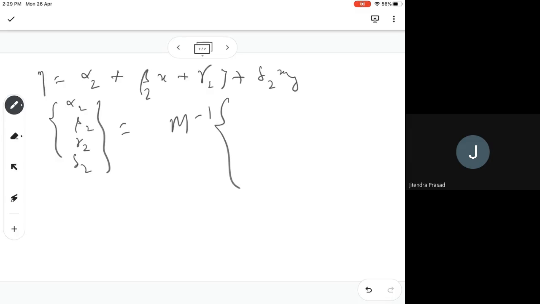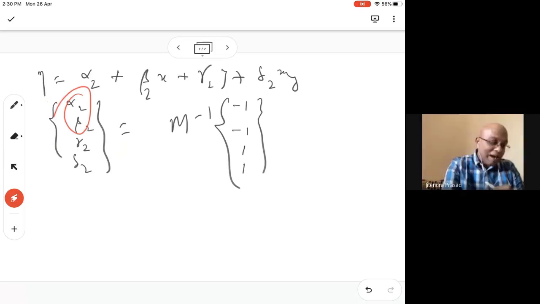And then eta at 1 is -1, at 2 is also -1, at 3 you have 1, and then at 4 is, so you will get these values here. Once you have these alpha values, you put x and y, and you will get eta, right?